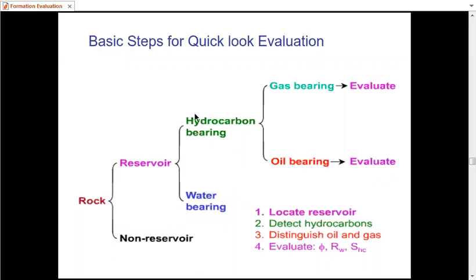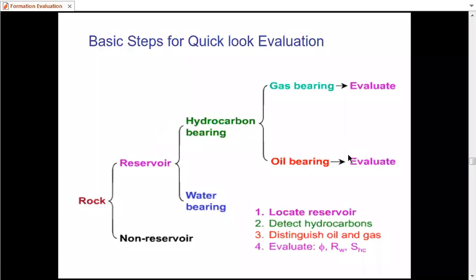And when you reach the hydrocarbon bearing zone, you have to identify the gas bearing zone and evaluate it, and the oil bearing zone to be evaluated.